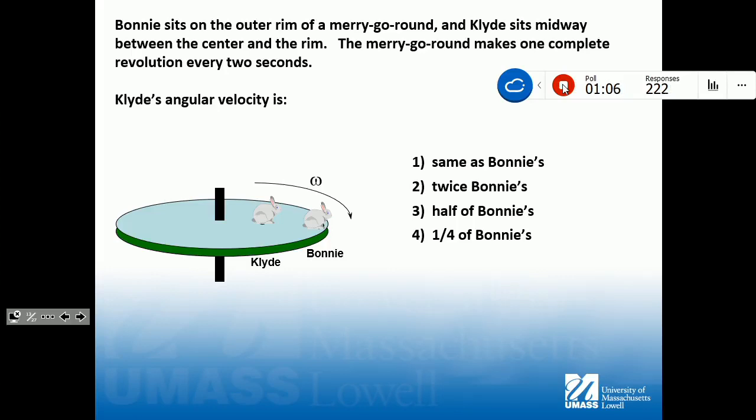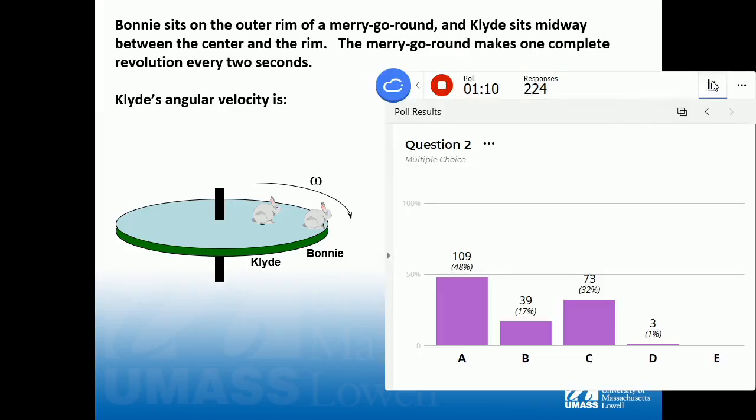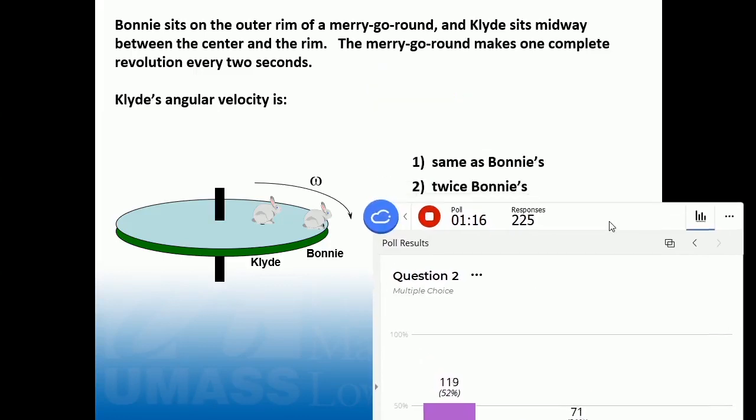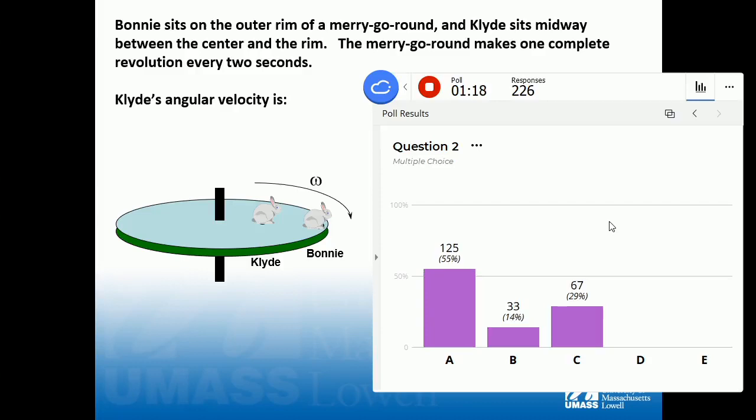Right, let's see where you guys are at. Okay, can we fix this? We're looking for angular velocity on a rigid object. Every single point on that rigid object must rotate with the same angular velocity. As it moves, every point on that line covers the same change in angle.